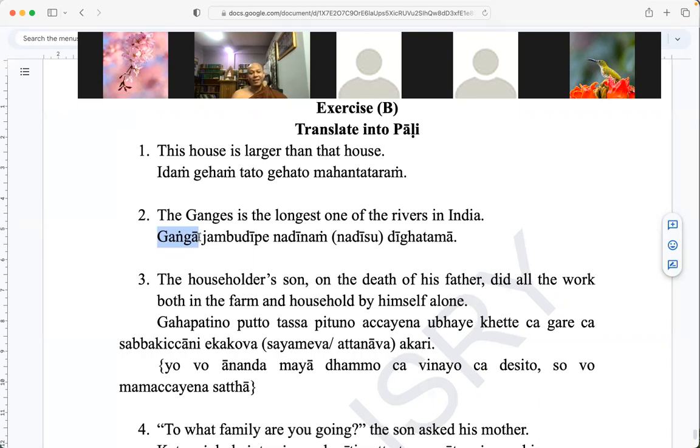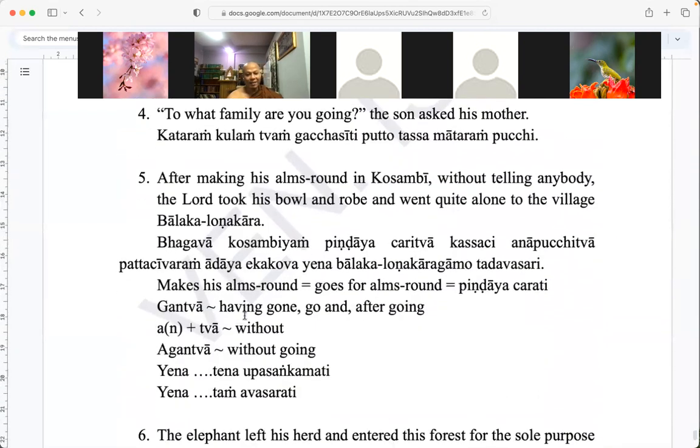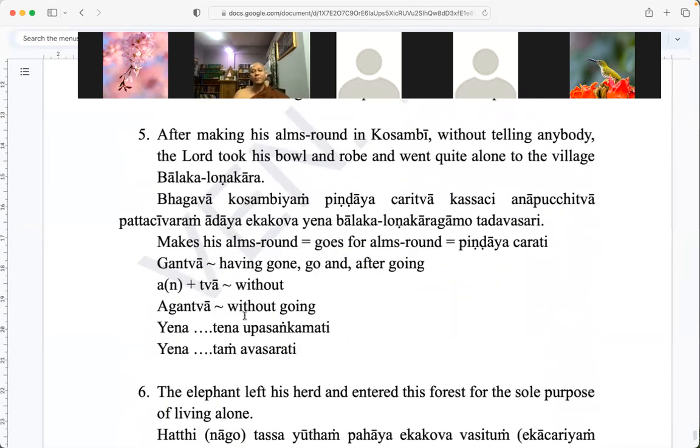So for another one, Bante, it is number 5. Okay. Yes. So, without telling anybody. For anybody in here, Bante, it is translated as the Kasaji Anabochetawa. Yeah, kasachi.